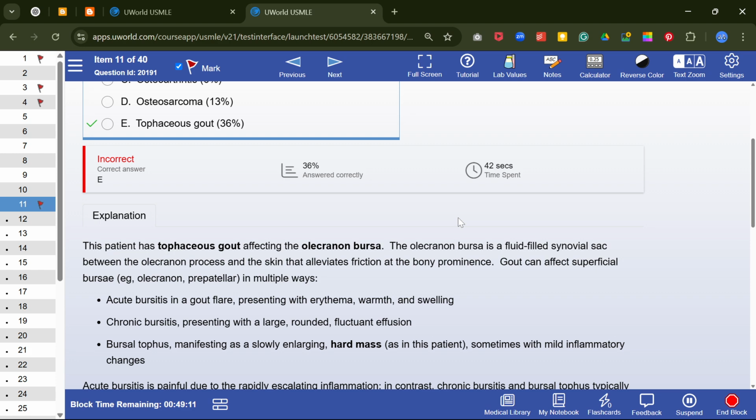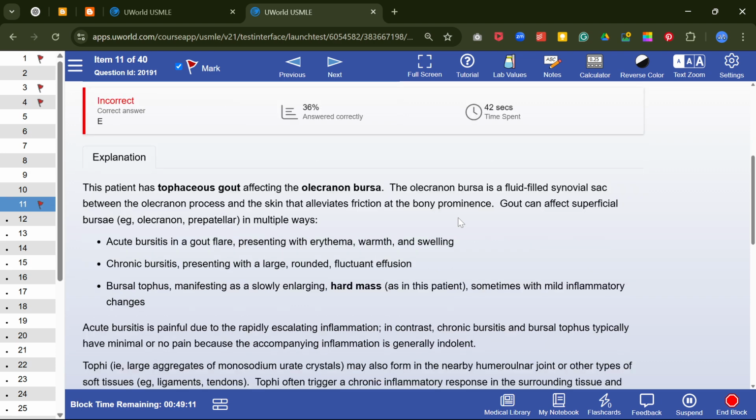Acute bursitis in a gout flare presents with erythema, warmth, and swelling. Chronic bursitis presents with a large, round, fluctuant effusion. Bursal tophus manifests as a slowly enlarging hard mass, as in this patient, sometimes with mild inflammatory changes.